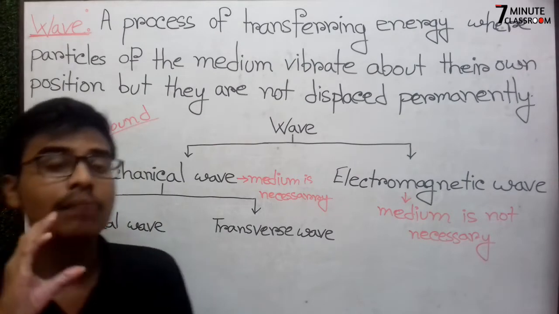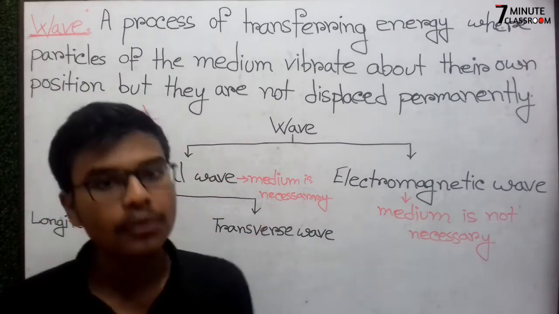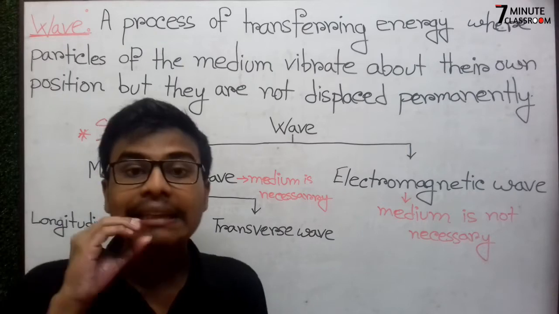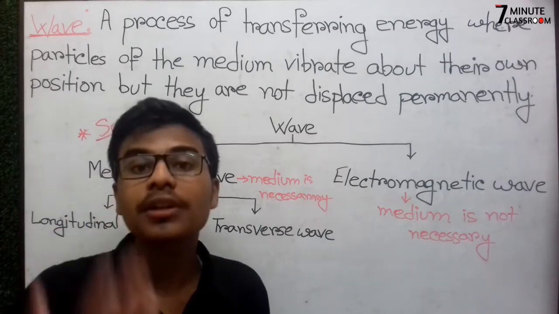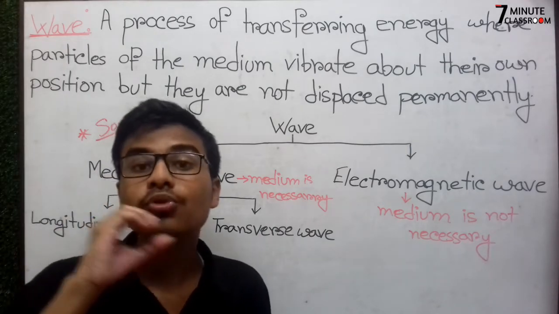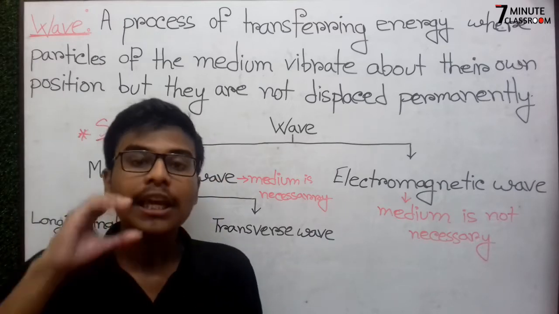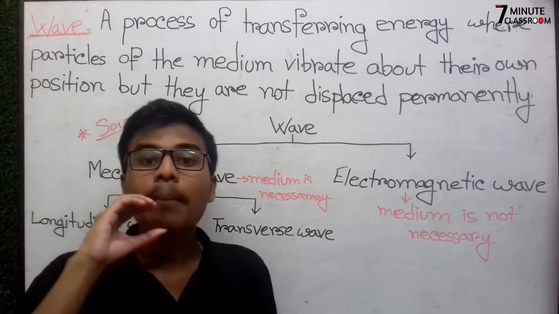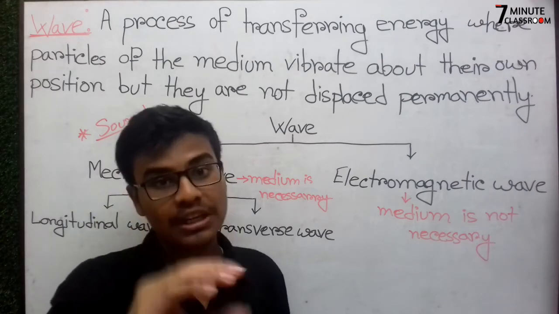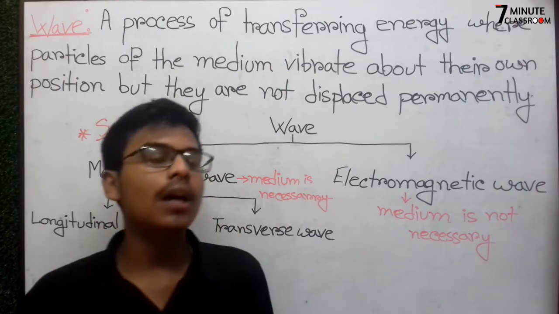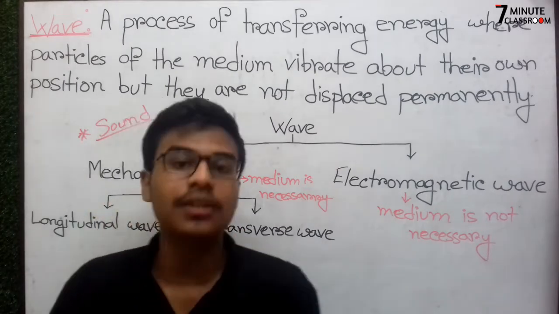If there is no medium in this place, then you can't hear my voice. So what is the medium here? That is air. Yes, through the air medium my voice goes to you. If there is no medium, then my voice will not be clear to you, or you can't hear anything.